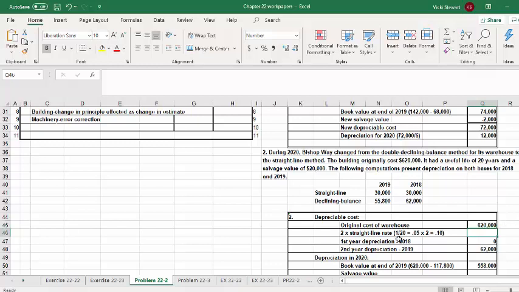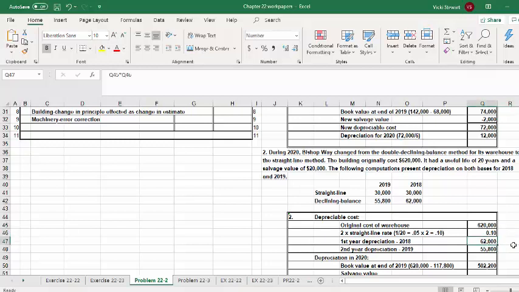So to determine that, you take 1 divided by the number of years of useful life, which is 20, and we would get the straight line rate, which is 5%, multiply that by 2, and the double declining rate is 10%. So each year we would have multiplied 10% by the declining balance.